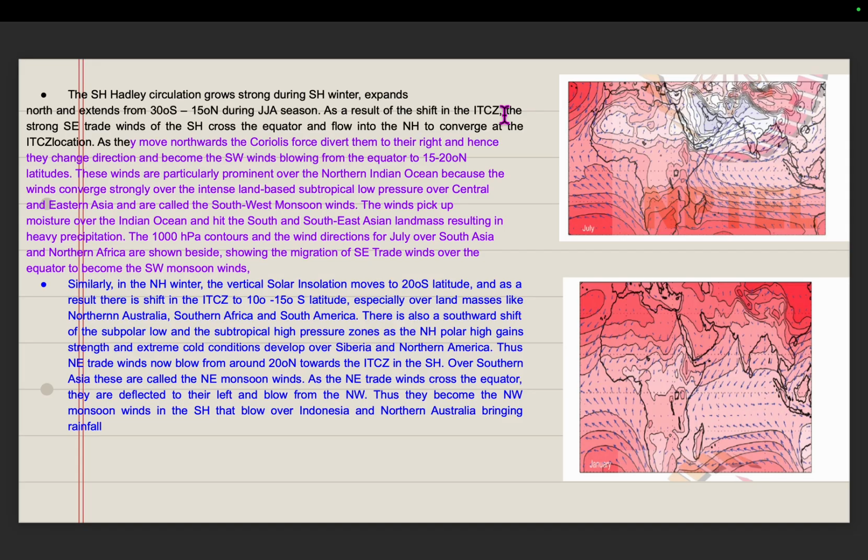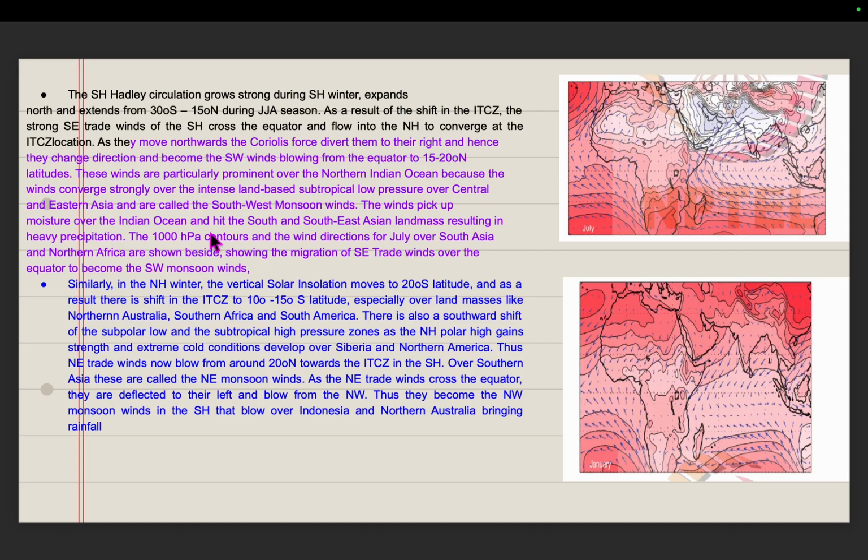These winds are particularly prominent over the northern Indian Ocean, because these winds converge strongly over the intense land-based subtropical low pressure over central and eastern Asia, and this is the key wind for our country, the southwest monsoon winds.